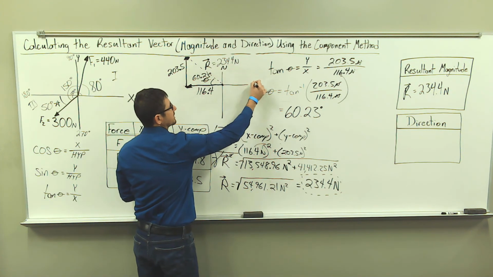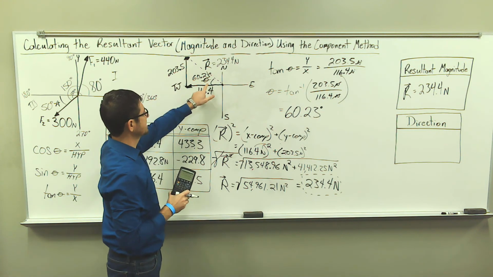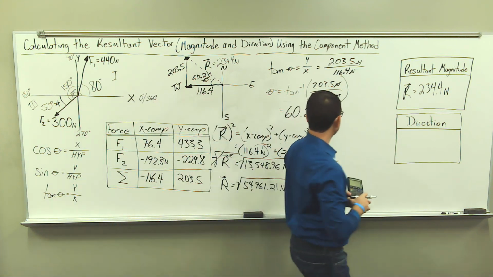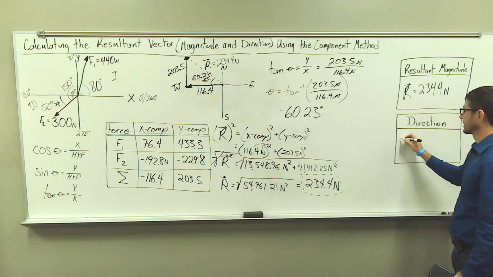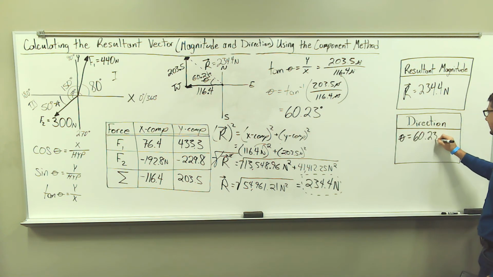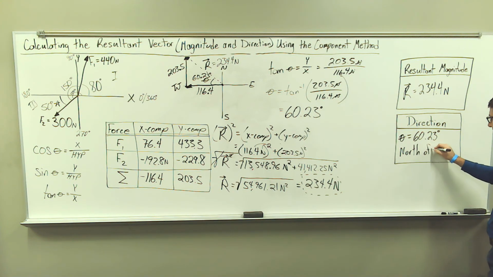So we have our cardinal directions here, and this angle is north of west. So in our direction, theta is equal to 60.23 degrees north of west.